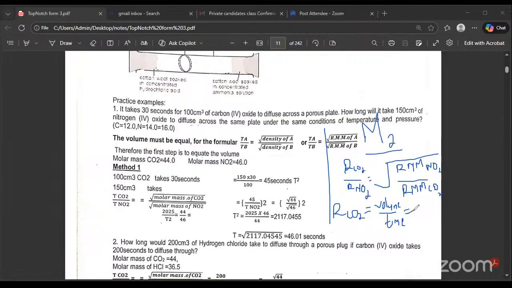So hapa unaweka volume ni 100. And make sure you maintain the units. It is very important for you to maintain the units. I've been repeating that one always so that it can help you. 100 centimeters cube over 30 seconds.